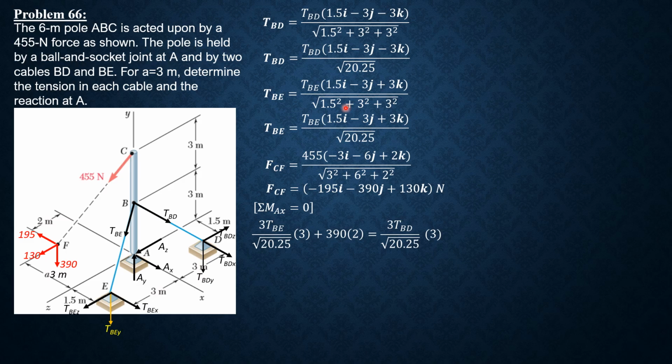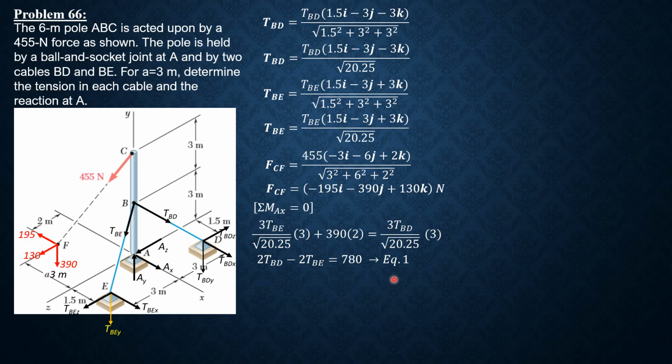TBDY is 3 over square root of 20.25 of TBD. Then the moment arm or distance of TBDY from the AX axis is 3. So that's why times 3 there. Simplifying, we have 2 tension BD minus 2 tension BE equals 780.